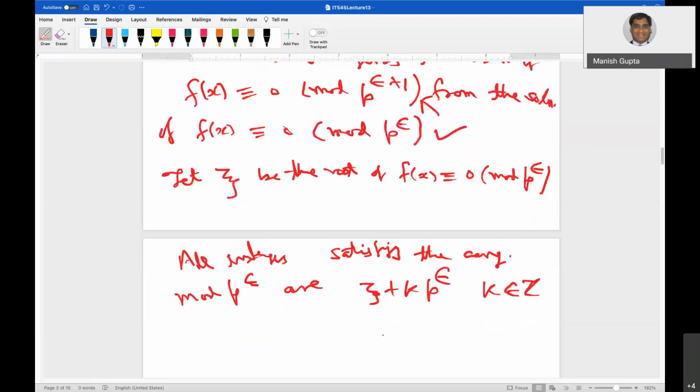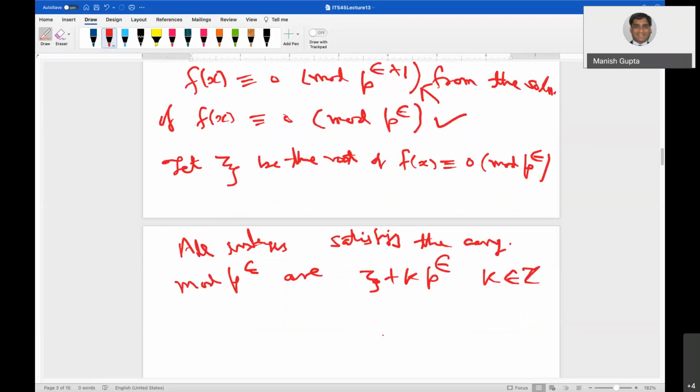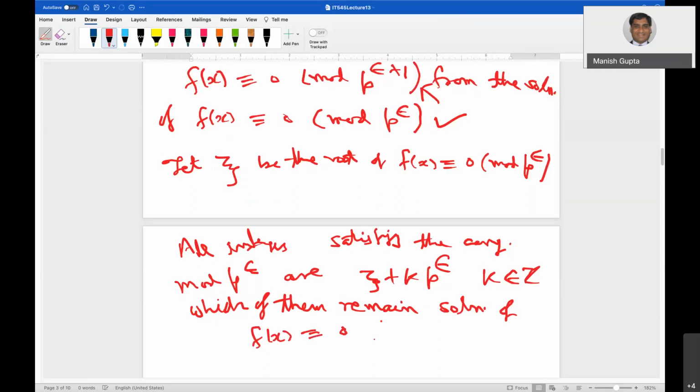So we investigate which of them remain the solution of f(x) congruent to 0 mod p raised to power epsilon plus 1.